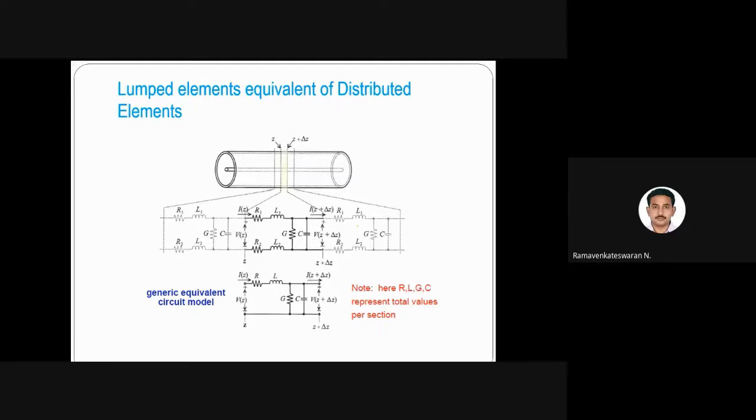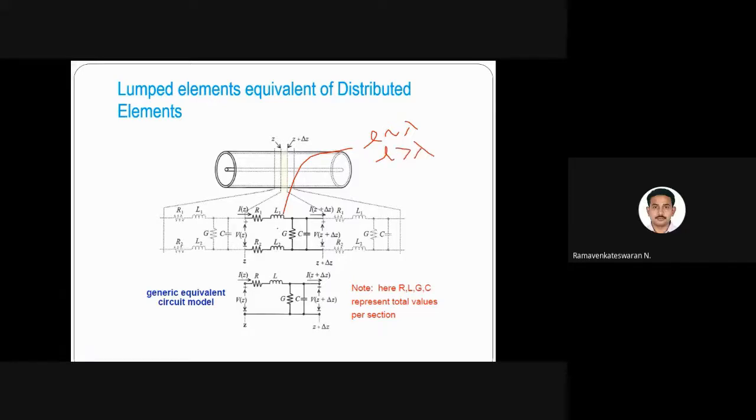It is based purely on one parameter, the operating frequency, because the wavelength contributes to the problem. If, in the section I'm breaking, the physical length is comparable to the wavelength or greater than the wavelength, then again I get a problem.